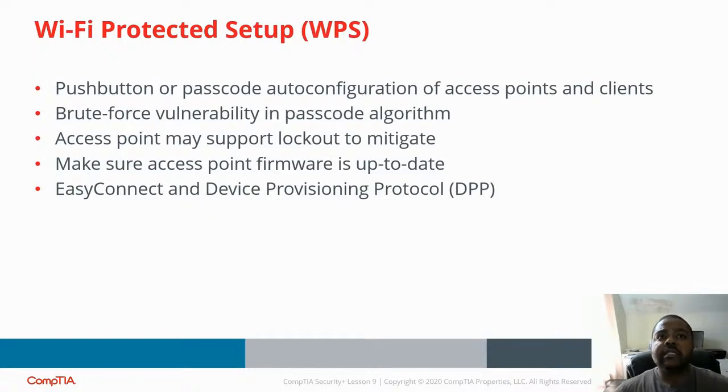So Wi-Fi Protected Setup, I've seen this on several home devices, routers, or let's say extenders that you can buy. And I also have seen this button. It's a button that you can press on, let's say, a printer.